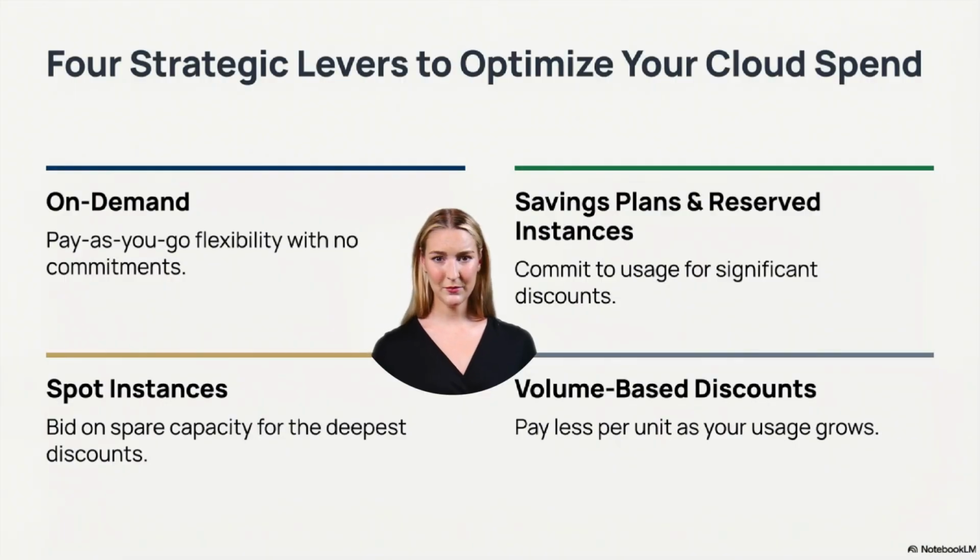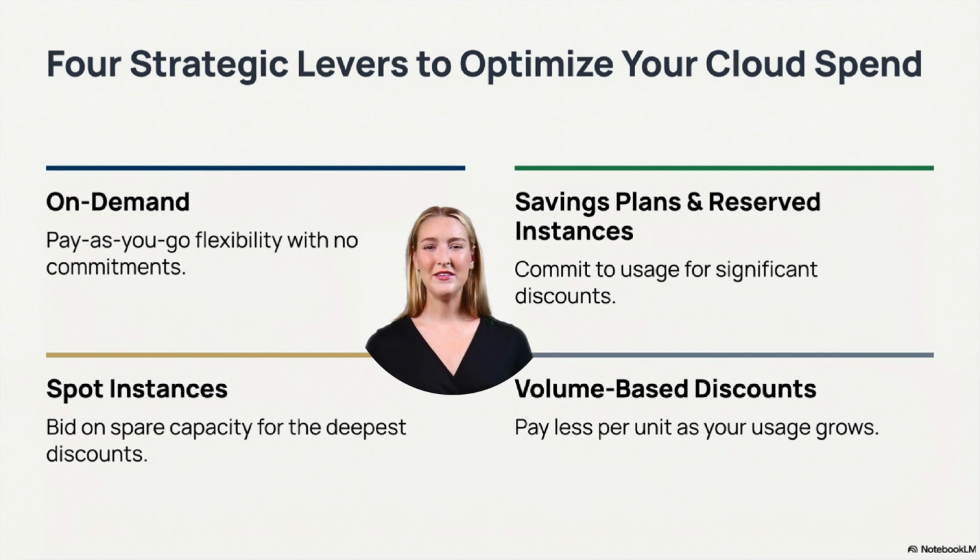AWS does not have a one-size-fits-all pricing model. Instead, organizations can choose from 4 strategic levers to optimize their spend based on their specific workload requirements. On demand. This offers maximum flexibility with absolutely no long-term commitments. Savings plans and reserved instances.